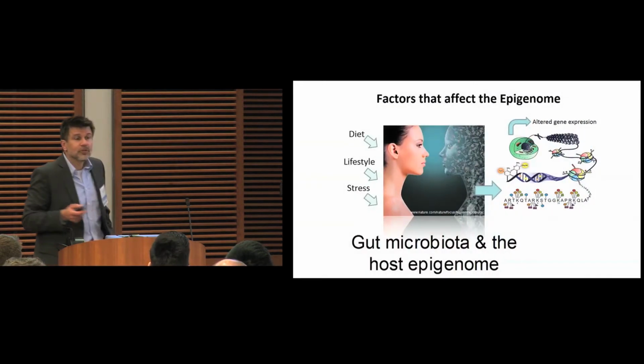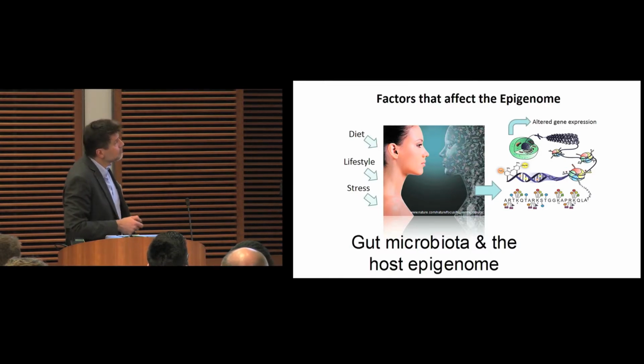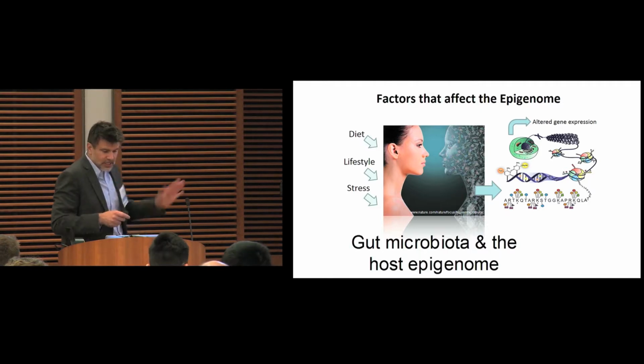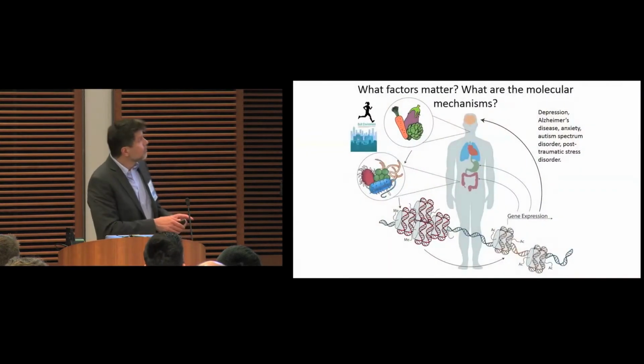So we're interested in what are the factors that affect the epigenome. So diet, lifestyle, and stress, for instance. How can this lead to alterations in this epigenetic information, with a clear emphasis on understanding how the gut microbiome influences the epigenetic states within the host. Okay. What's the molecular mechanism?